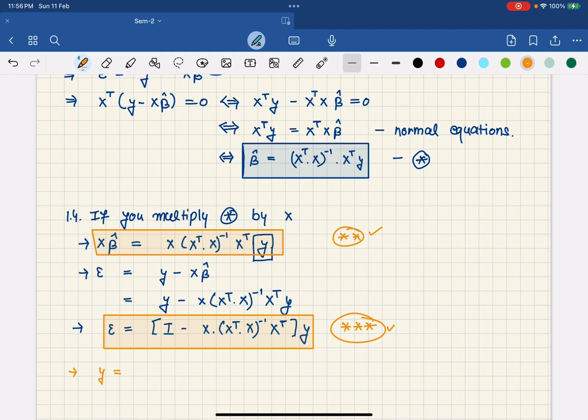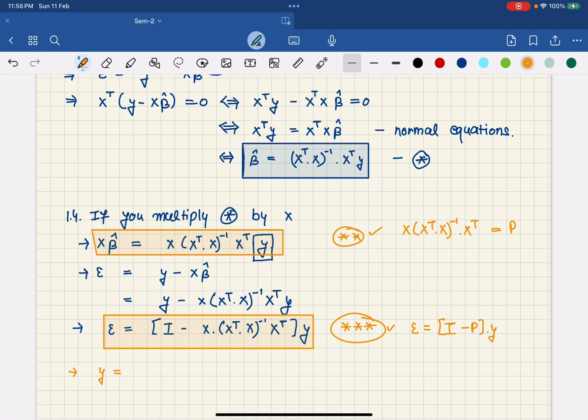Let's define x times x transpose x inverse times x transpose as the P matrix. In that case, you can define epsilon as identity matrix minus P matrix times y.